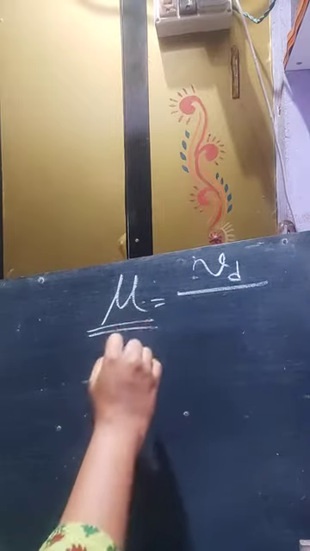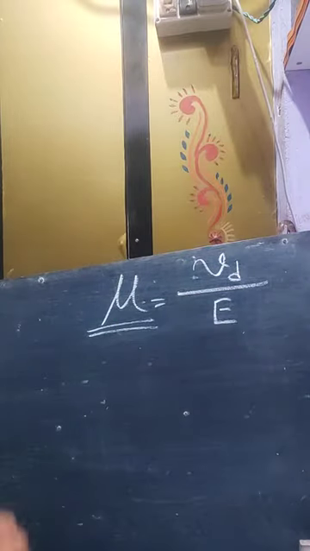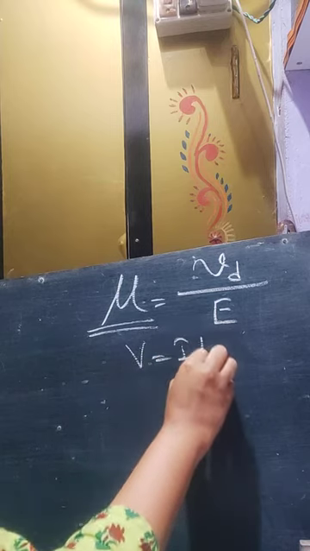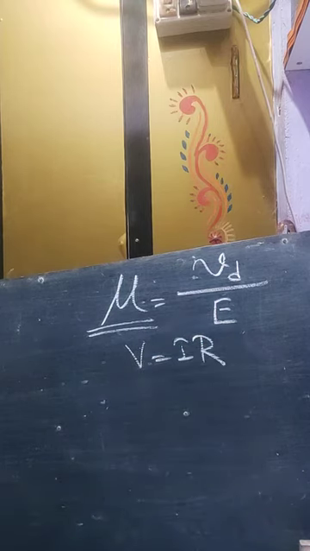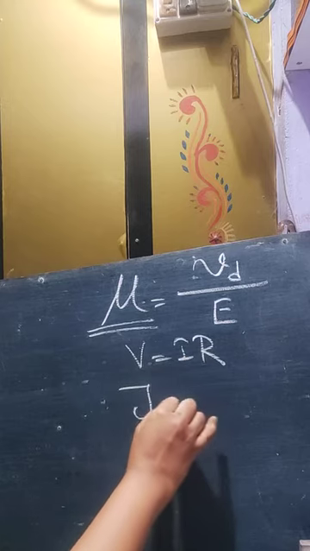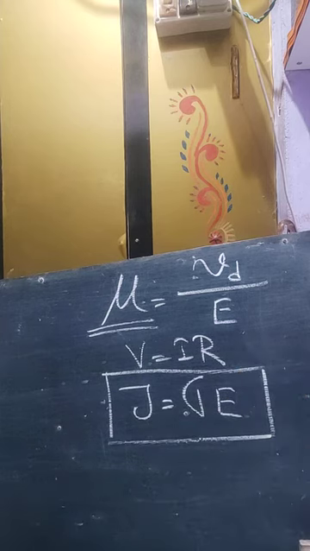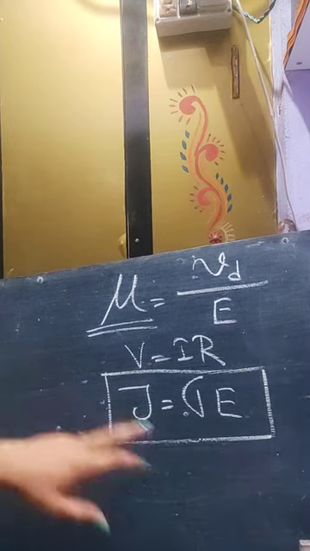Next comes the mobility. Mobility is denoted by mu. Mobility is defined as drift velocity divided by electric field. According to Ohm's law, V equals IR, and another version of Ohm's law is J equals sigma E. What is this sigma?